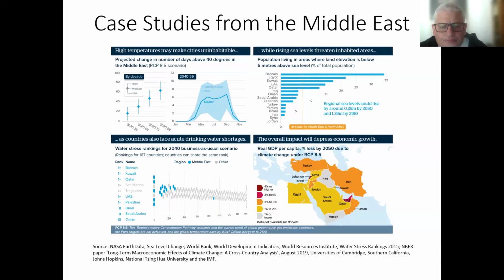The third one, if we look at the bottom left, is the specific issue of water scarcity and water shortage. You can see there again on that graph that Israel, Palestine, Qatar, Kuwait, and others are at an extreme index with respect to water scarcity.